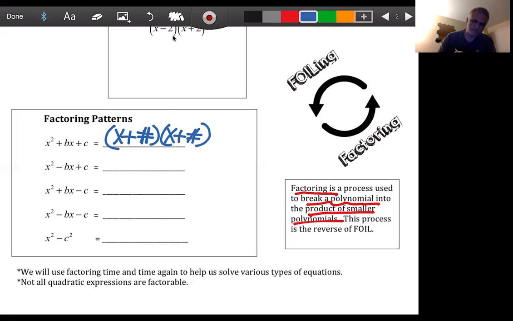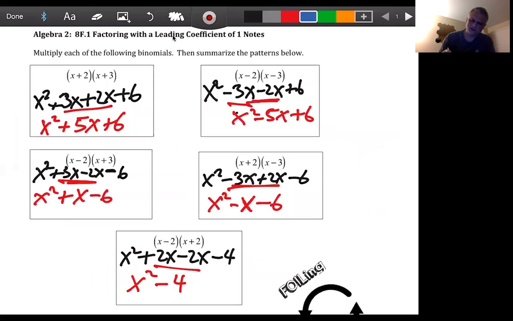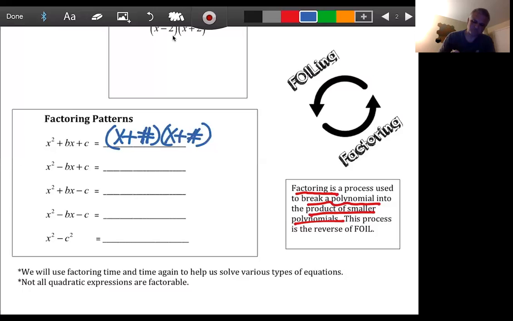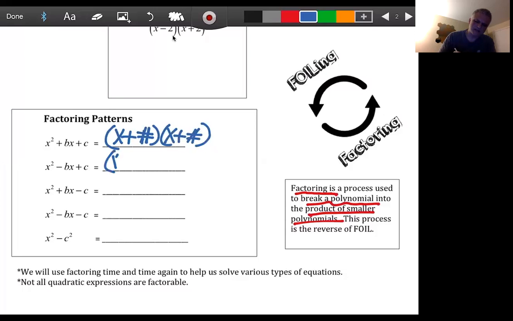Well, what about minus plus? Let's look at those here. Oh, here's a minus plus. Notice that both of these factors had x minus in them. So it was x minus a number times x minus a number.